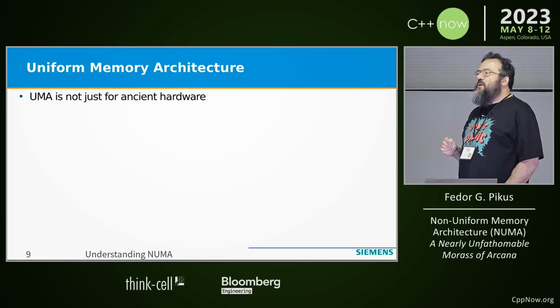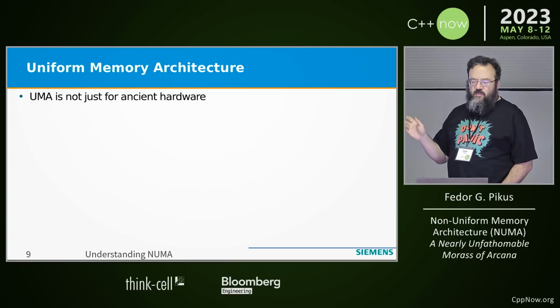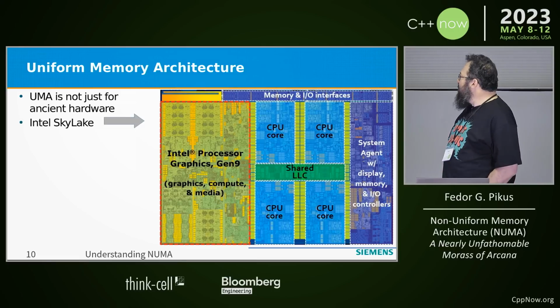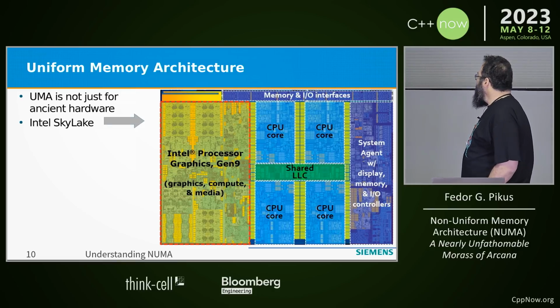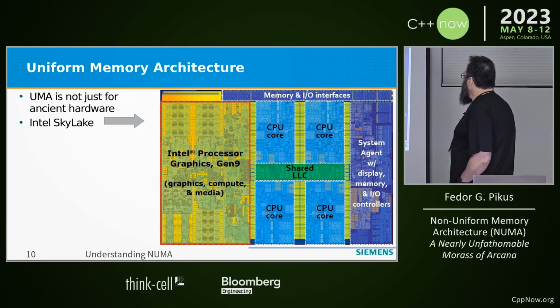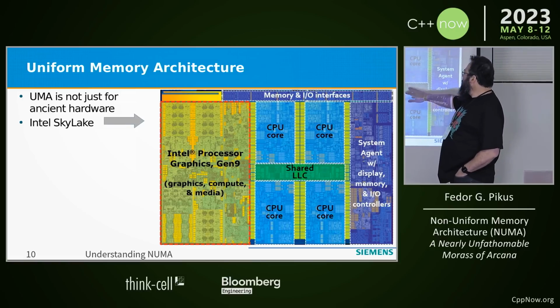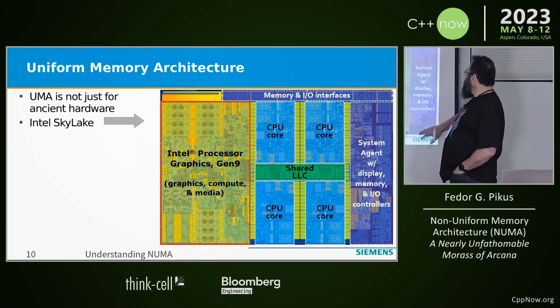Now, it's actually not just that the old hardware with front-side bus has uniform memory architecture. This is Skylake, one of the latest Intel CPUs. It has multiple CPU cores, their own caches, last level cache L3, and here is the thing they now call the system agent.